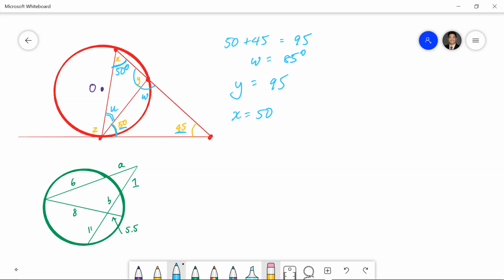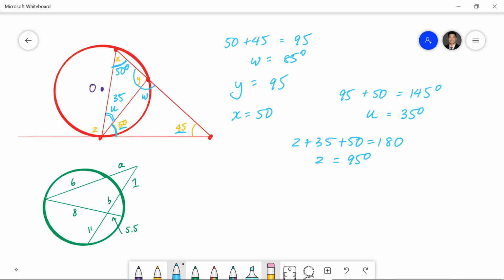Let's call this u. So if y, 95, plus 50 is equal to 145 degrees, then u should equal 35 degrees. And then z plus 35 plus 50 should equal 180. Therefore, z will equal 95 degrees.